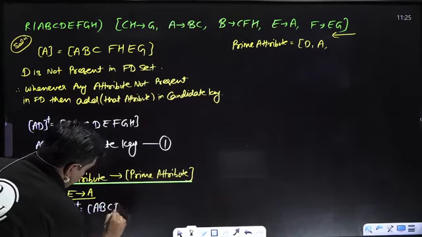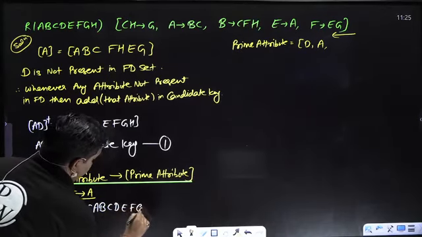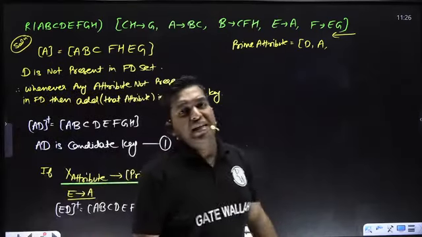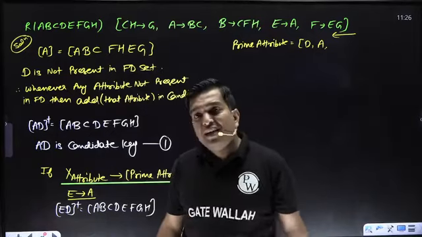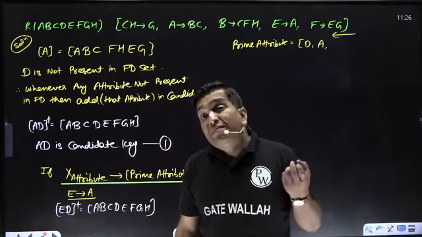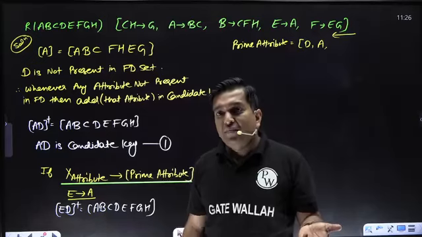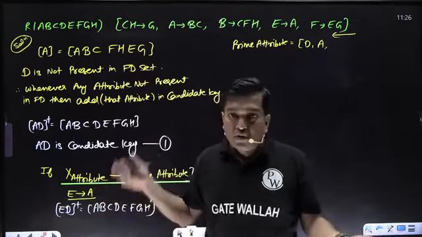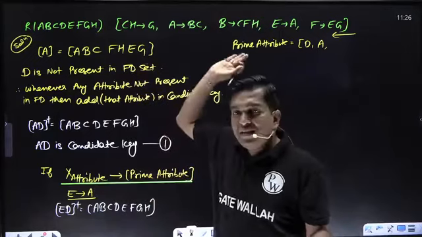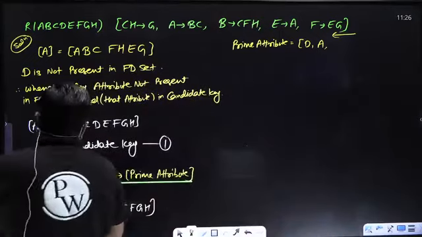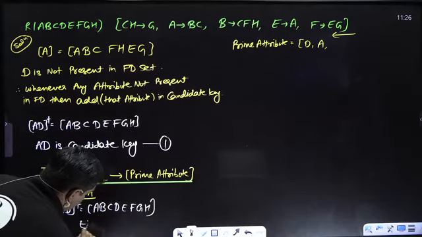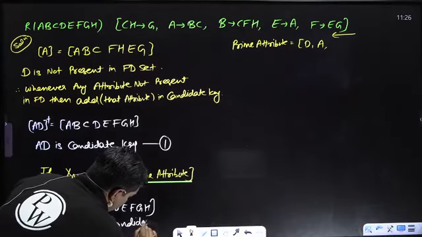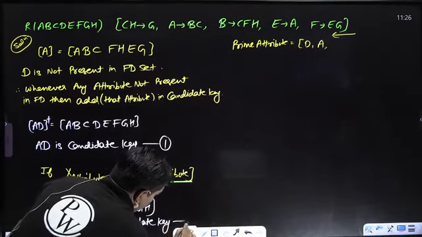A, B, C, D, E, F, G, H. So directly we can say ED is a candidate key. Sir, why are you saying it directly? Because D is mandatory in each and every key, because D is not present in any FD, so only from E you are not able to get it; D is required, since D is missing in the FDs. So directly we can say ED is your next candidate key, candidate key number 2.